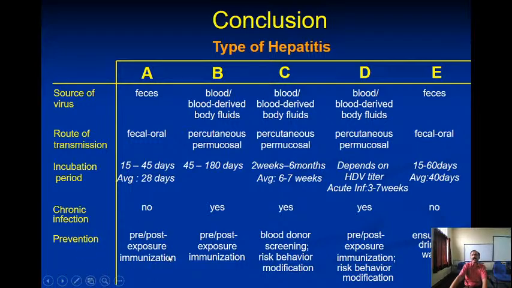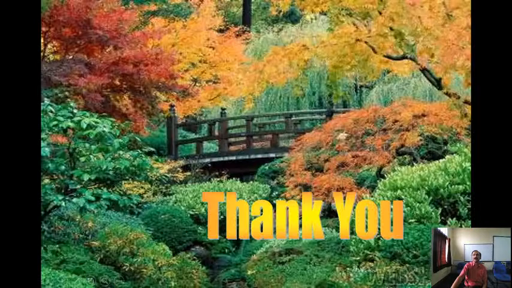Hand washing is very, very important in A and E, while in B, C and D, we would like to improve risk-taking behavior, ensure that people don't have multiple sexual partners, ensure condom usage, and also screen blood before transfusion, and also do a screening for patients of B, C and D, so that we can ensure that they do not become chronic carriers and suffer from the disease.